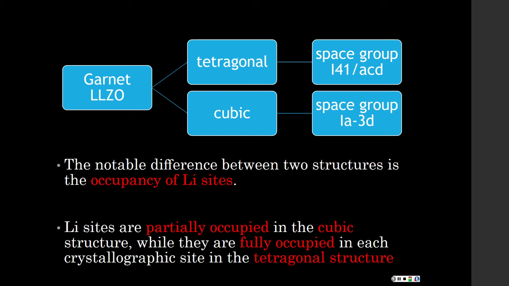So 120 lithium atoms partially share the 56 sites. That's the main difference between the cubic and the tetragonal one. I have worked on the cubic one because it has been reported to have higher bulk conductivity compared to the tetragonal one.